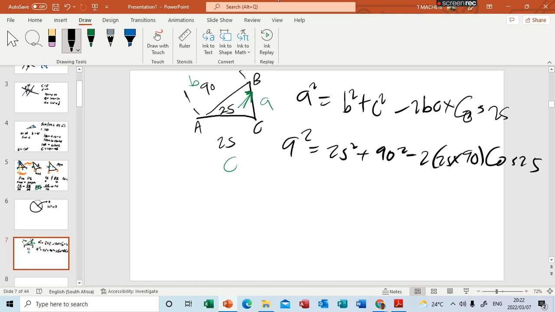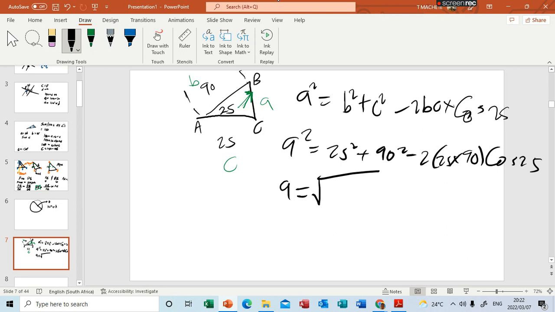You just punch this on the calculator, you'll get your answer. Obviously, the answer that you get, you're gonna have to square root it, because we don't want A squared, we want A.